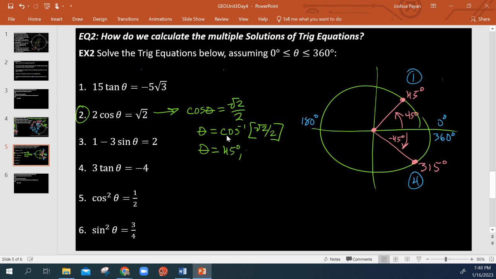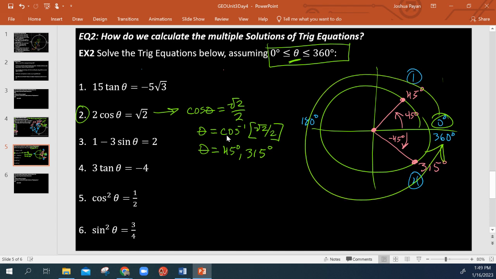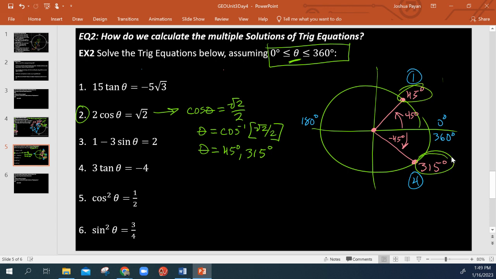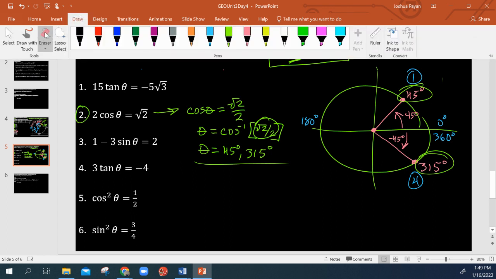And 315 degrees. Okay, and I neglected to mention the reason we're doing that is because we're saying that theta is anywhere from 0 all the way around to 360. Okay, and it turns out there's two angles that have this same arc cosine. That's why these two angles are the solution to this trig equation.